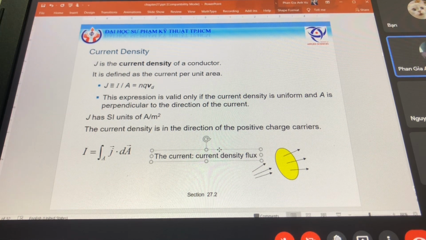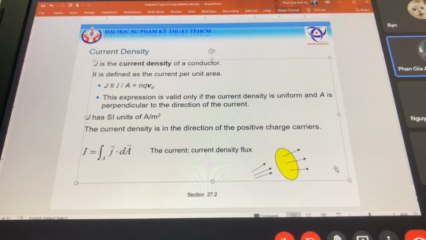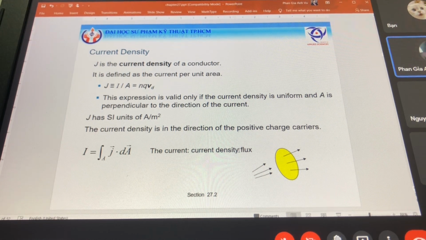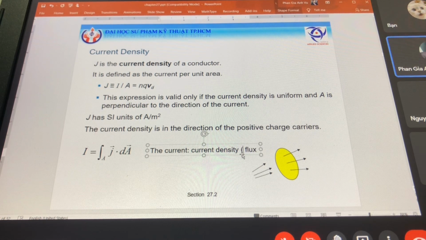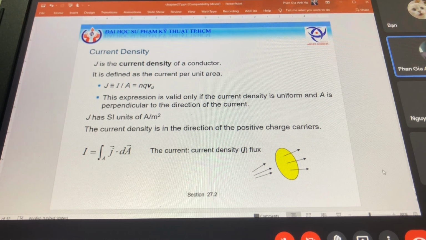The current can be seen as the current density flux or J flux, where J is a vector. I type it in bold so that it's a vector.